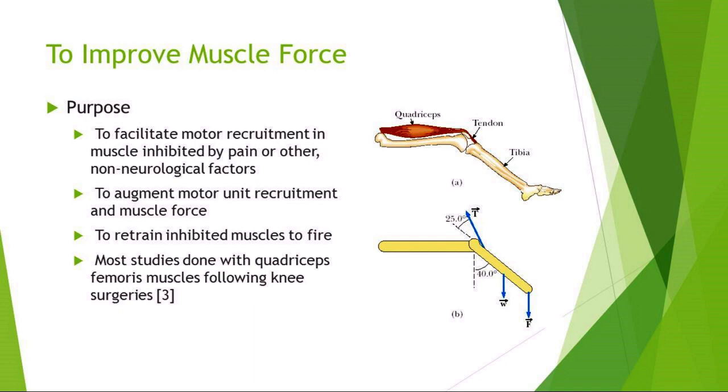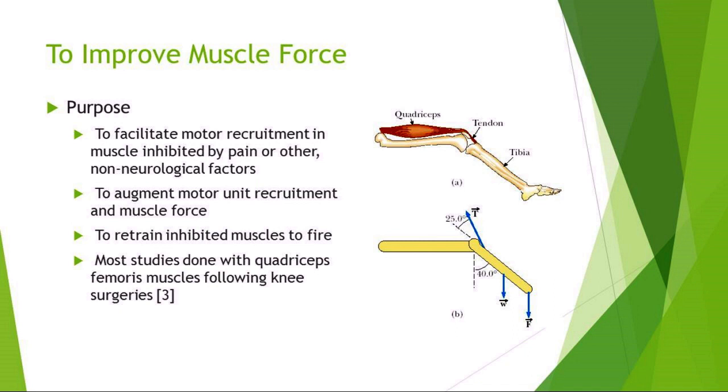After any kind of knee surgery, most people's quadriceps are usually inhibited, and we're trying to disinhibit them, basically. We're trying to facilitate motor recruitment. It might be because of pain, it might be because of swelling, so non-neurological factors.